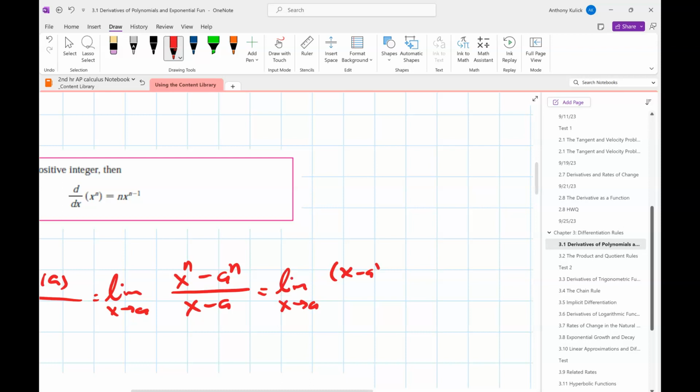I'm going to have an x minus a, and then I'll have an x to the n minus 1 plus... hold on one second. No, that's not right either. I got it, I just have to think for 1 second.